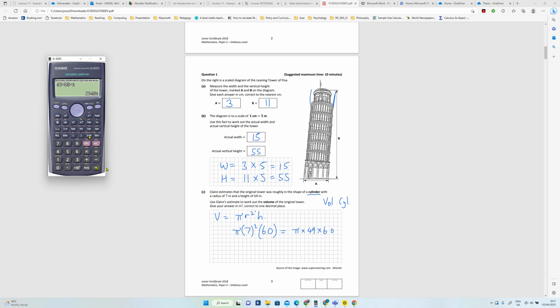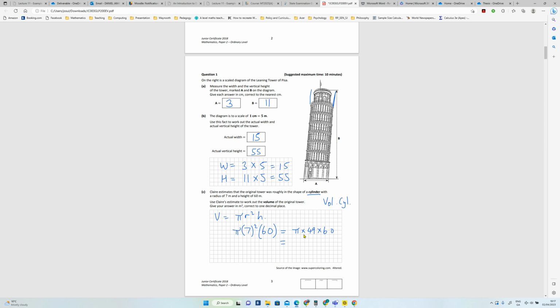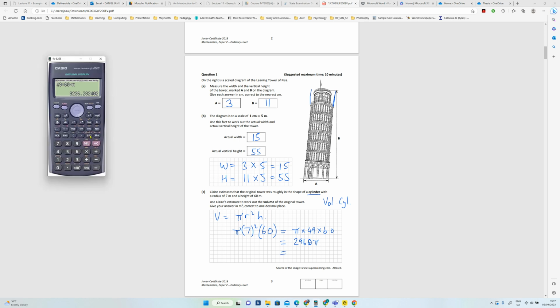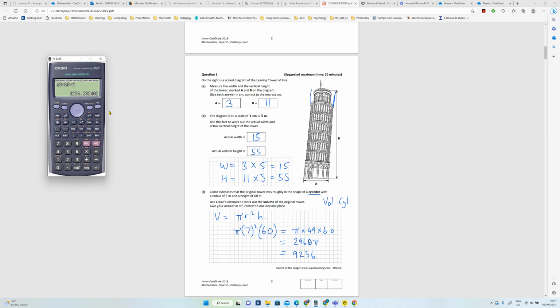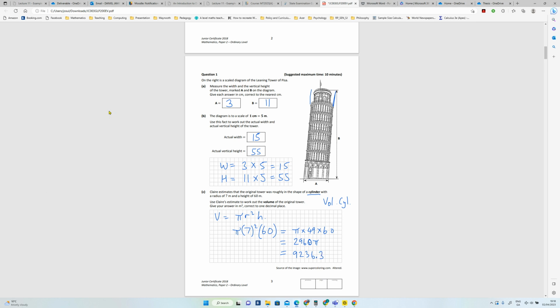I'll write that down: that's 2960 pi, and that's going to be 9236.3, I'm going to say, meters cubed. Okay, and that's it for that part. And that's it for question 1.